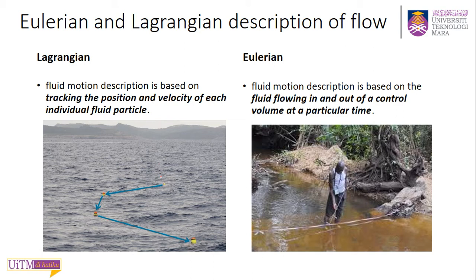They follow all the way, and then they measure the velocity of the fluid, the pressure, and so on. Maybe they put a probe, a device that you just put in the sea, and the probe moves around and gives you the data, and then you can track the velocity of each fluid particle. That's Lagrangian.